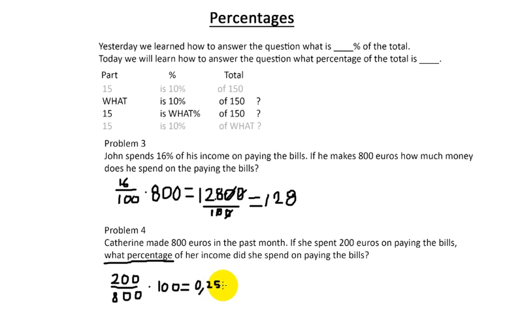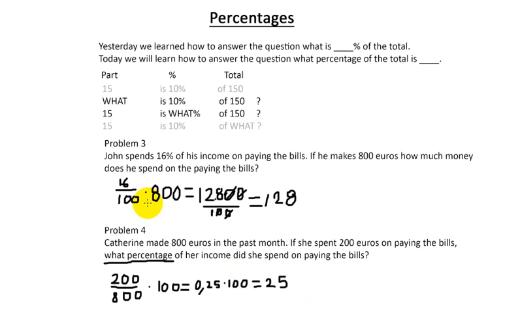And I need to multiply this by 100. 0.25 times 100 makes 25. So Catherine spends 25% of her income on paying the bills. My answer should be Catherine spends 25% of her income on paying the bills.